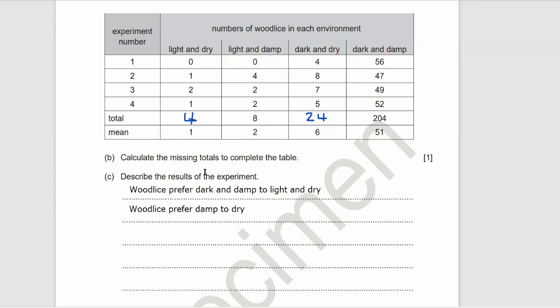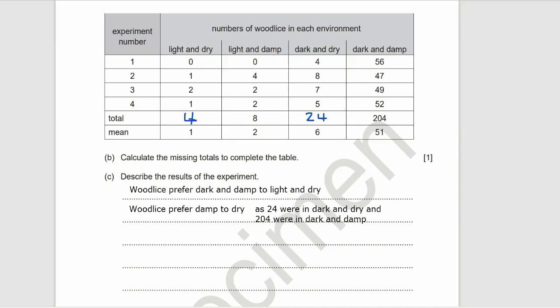So we want to focus down on that in our data. So woodlice prefer the damp to dry, as 24 were in dark and dry and 204 were in dark and damp. So what we're doing there is we're using figures to back up our argument.